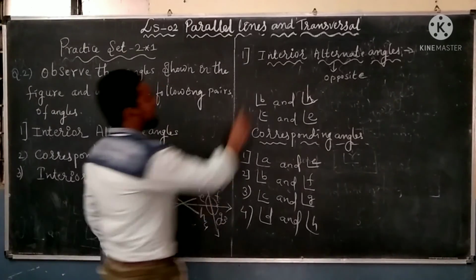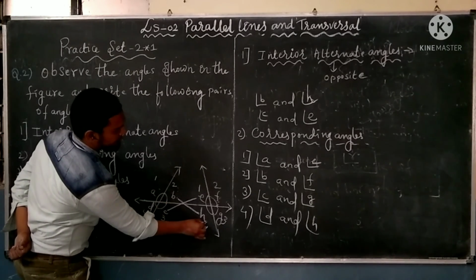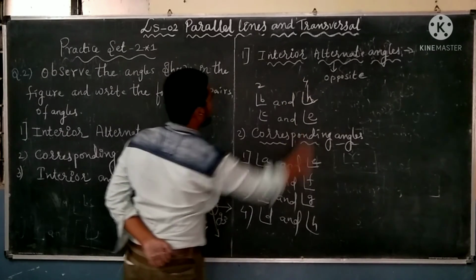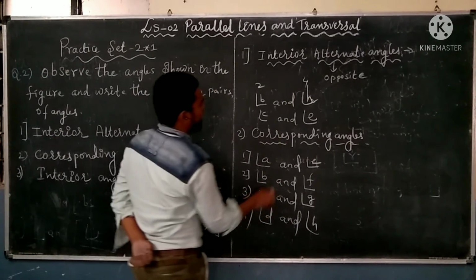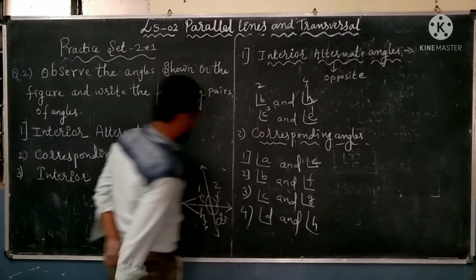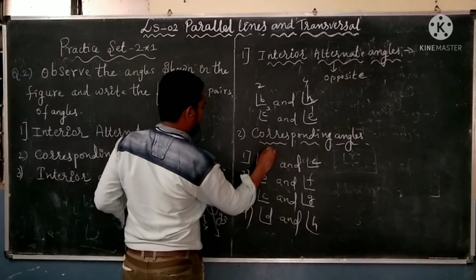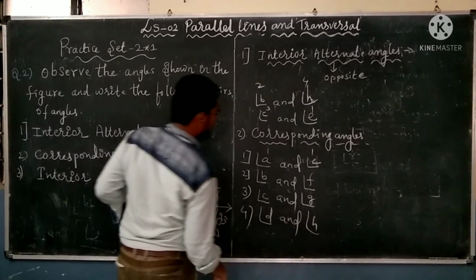Next, for interior alternate angles, 2 opposite is 4. Here 2 opposite is 4. And next, here 1 opposite is 3. 3 opposite is 1. Here angle A is 1.